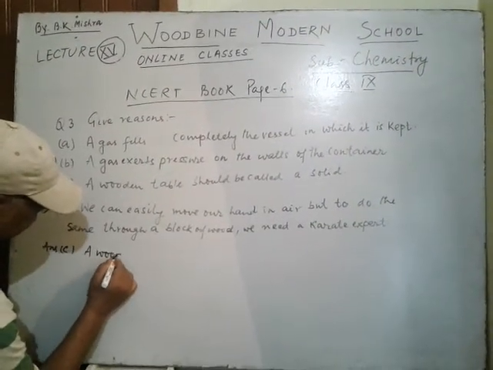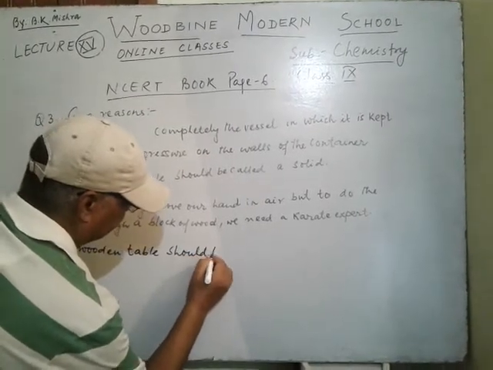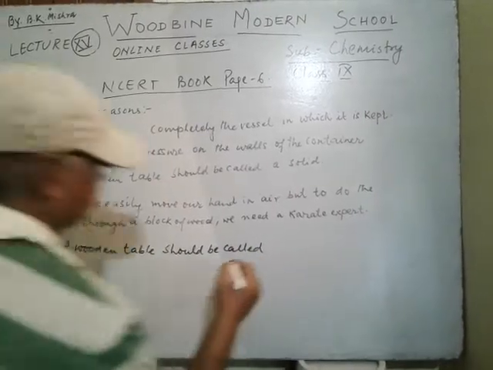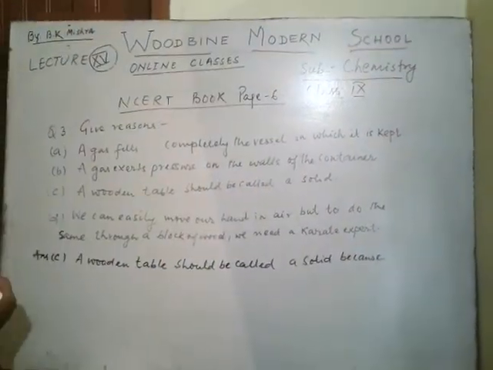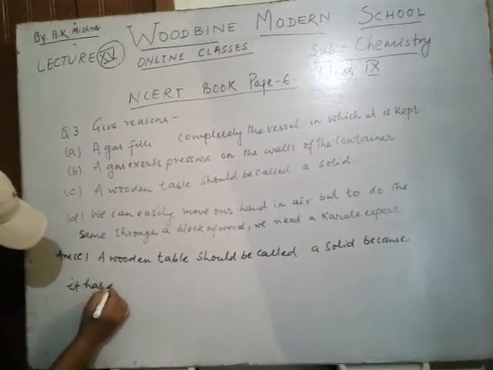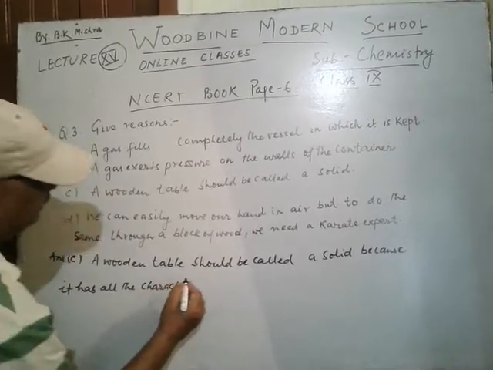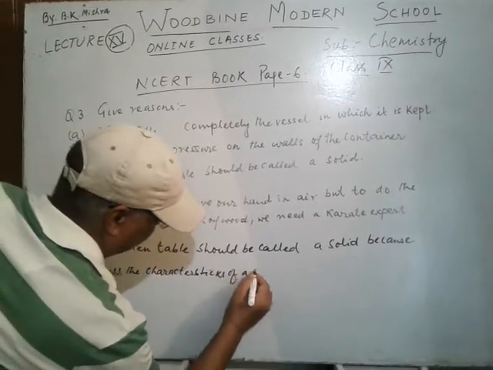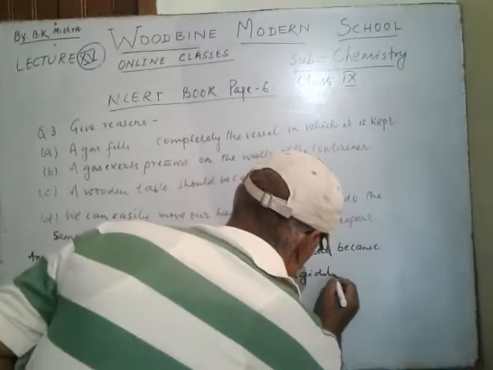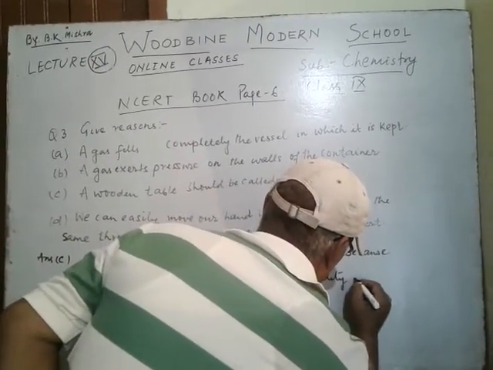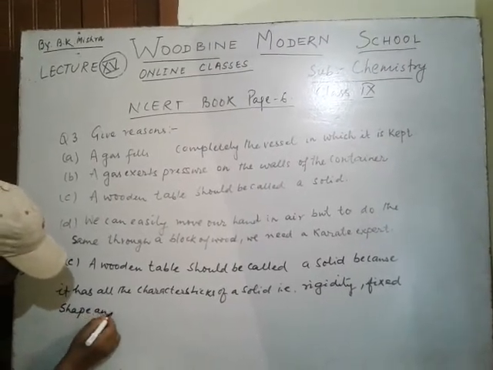A wooden table should be called a solid because it has all the characteristics of a solid, that is rigidity, fixed shape and volume.